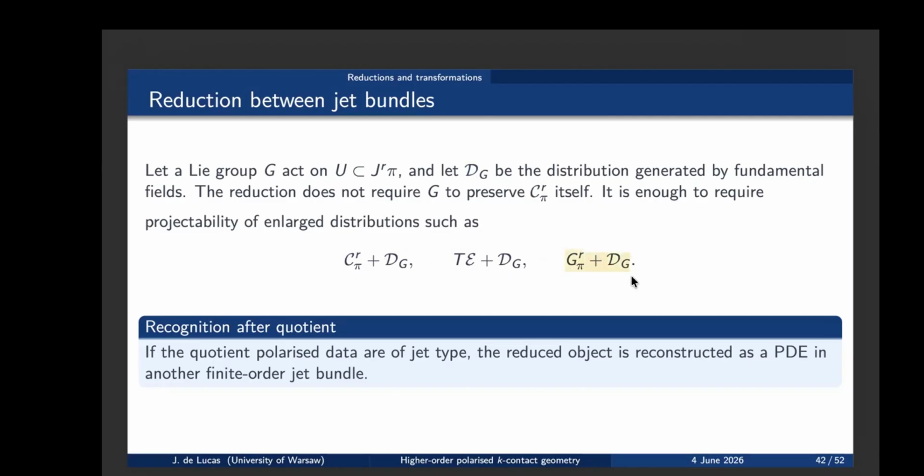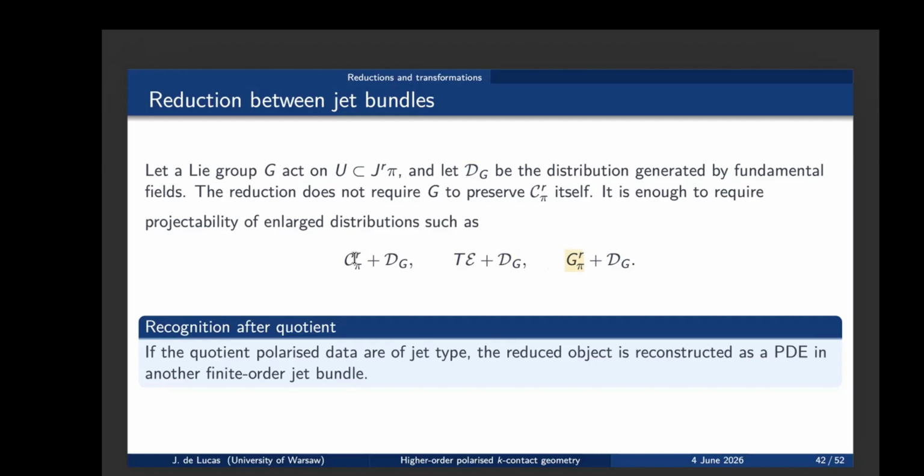If you do this, you can reduce the differential equation, you can reduce the jet manifold, and you will get a new manifold with a new distribution. And this is the nice thing: you get a reduction of the K-contact distribution. The original K-contact distribution is the Cartan distribution, for example. But when projected, it will not in general have any relation with the original jet bundle.